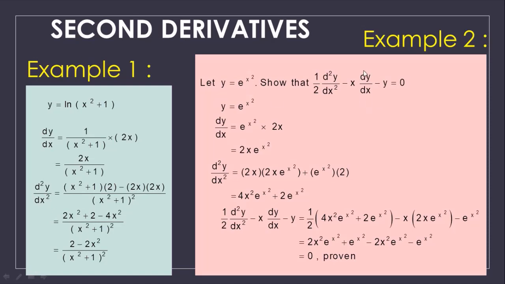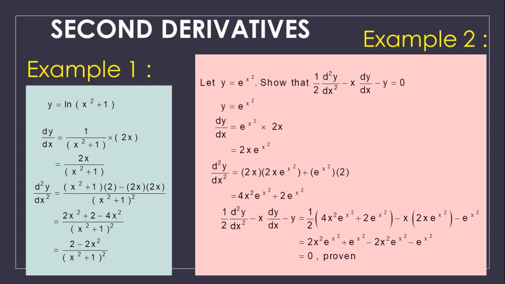So now we want to find dy over dx. dy over dx is the first derivative of y. To differentiate y equal e to the power x squared, y is a composite function.